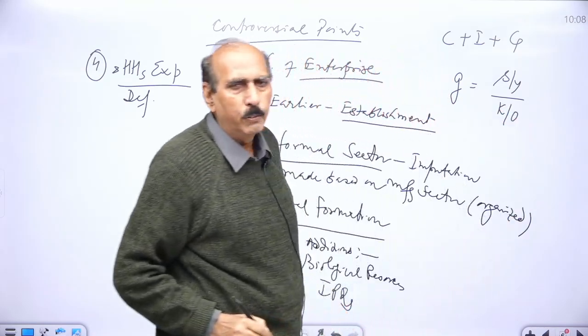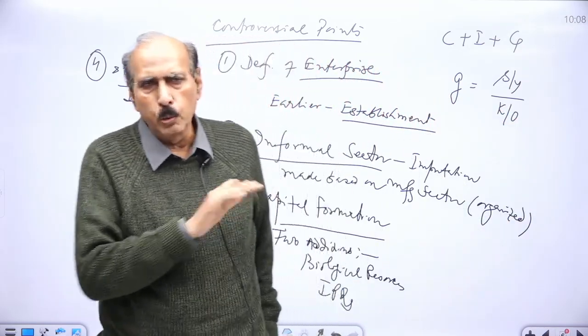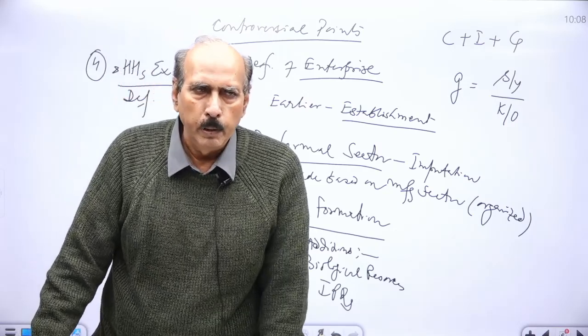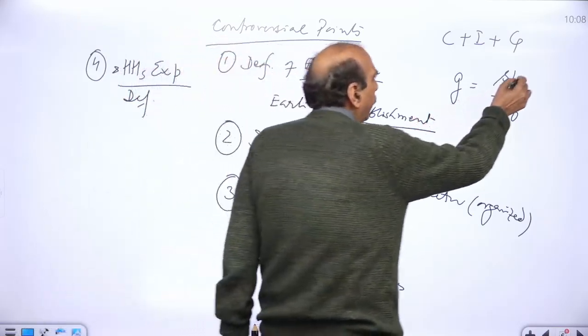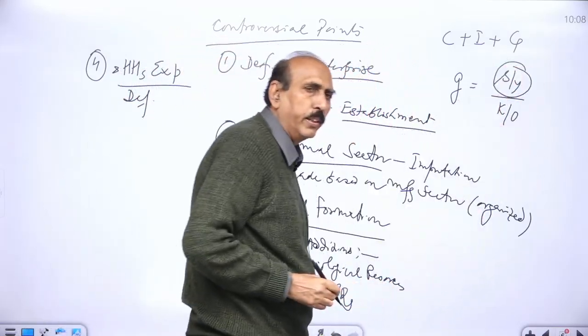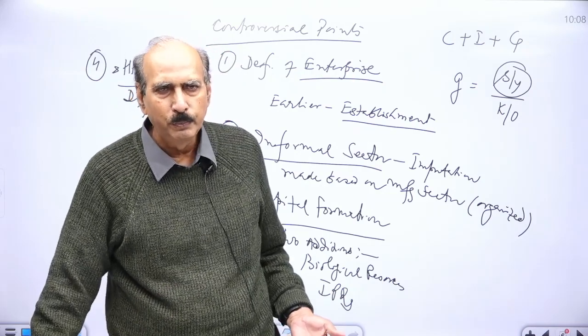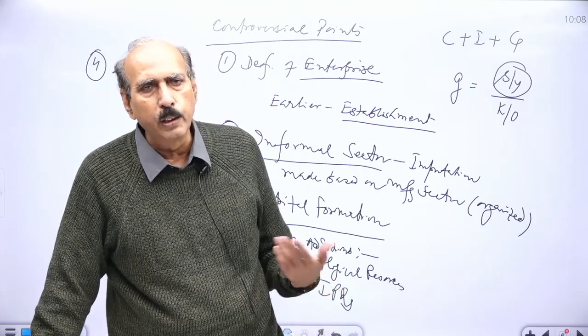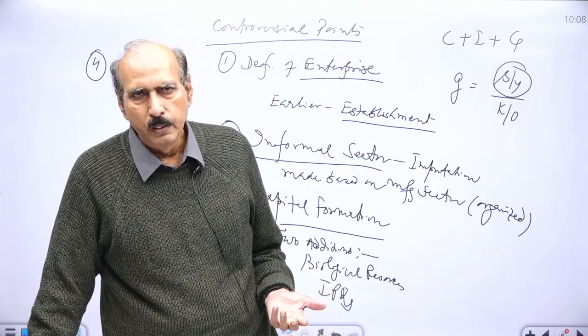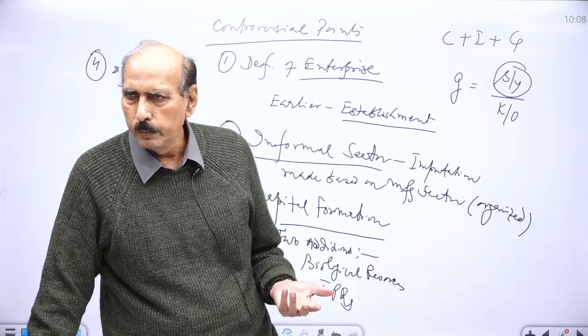This is the definition of economic growth. We don't want to enter into this economics, but here this part is important. Higher the savings, higher the growth. Higher the savings, higher the investment, and higher the investment, higher the growth.